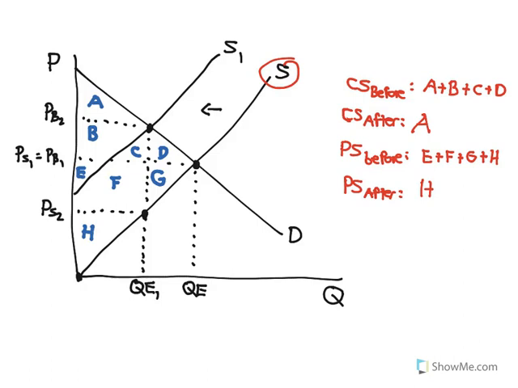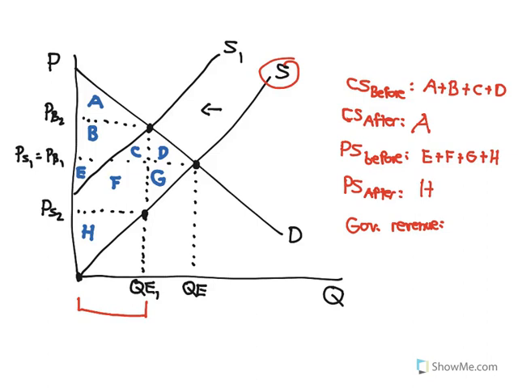Next up, what about government revenue? So remember, government revenue, the idea here is that when you pass a tax, the government is trying to collect money. The money the government collects from the tax is government revenue. So what area would that represent? Well, first of all, how many units are being taxed? And it's this quantity right here, this distance.